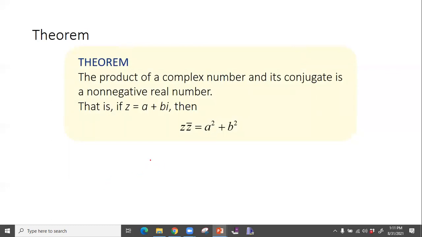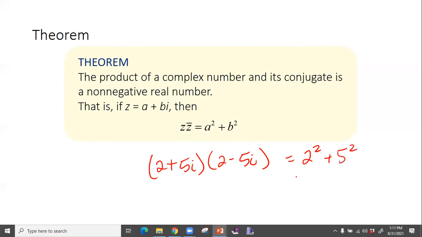So for example, if I had 2 plus 5i times 2 minus 5i, when I multiply, it's just going to become a squared, which is 2 squared, plus b squared, which is 5 squared, which in this case would equal 4 plus 25 equals 29.